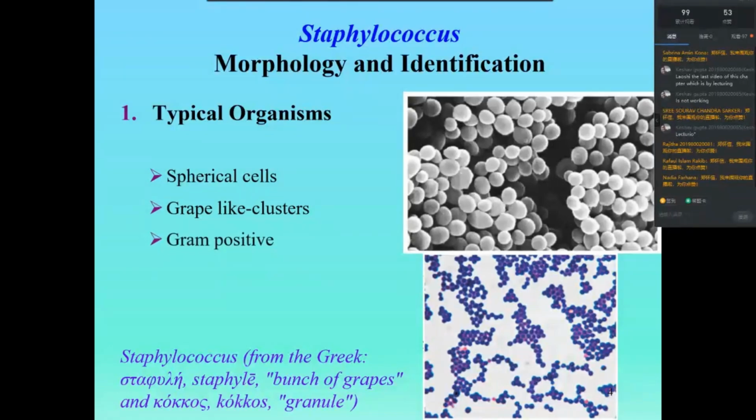This property is different from Streptococcus, which we will learn later today and which does not produce catalase. Staphylococcus can also ferment carbohydrates. They produce lactic acid but not gas, which means that when they ferment sugars, the pH will get lower, so lactic acid will be made. So these are the growth characteristics.